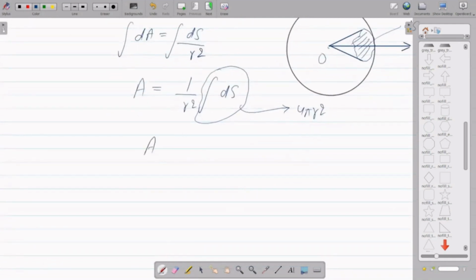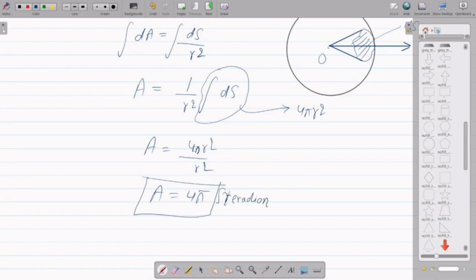And finally you are just left with this quantity, which comes out to be 4 pi, right? What is this 4 pi? This is steradian, the unit of solid angle, right?